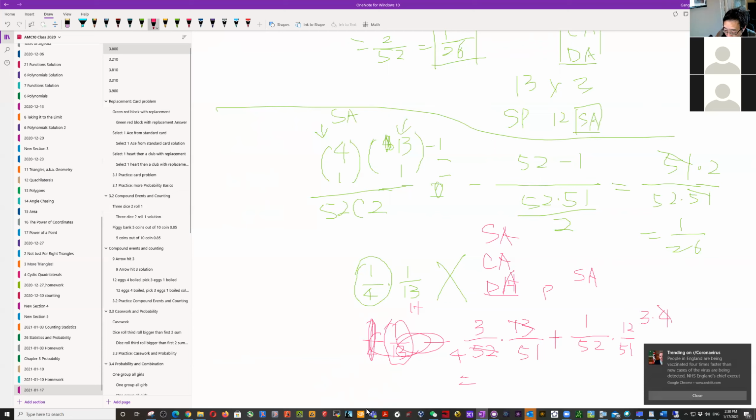I also going to cancel this out, cancel 1 out of 17s. So 4 multiply 17.